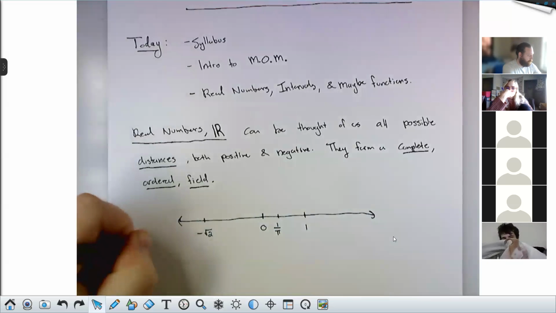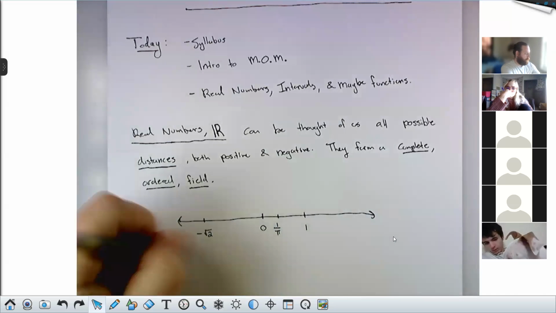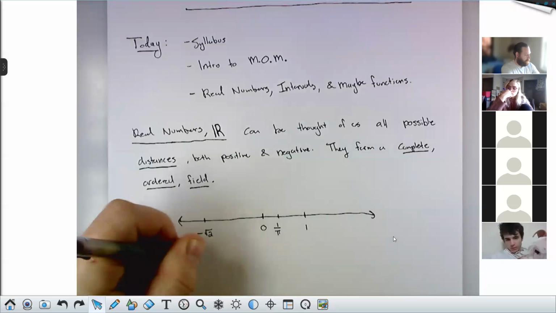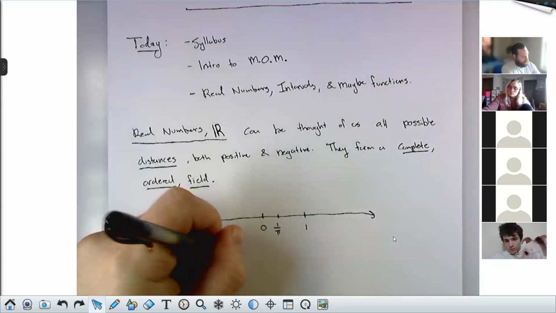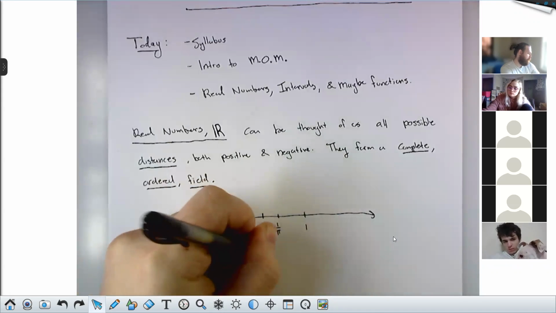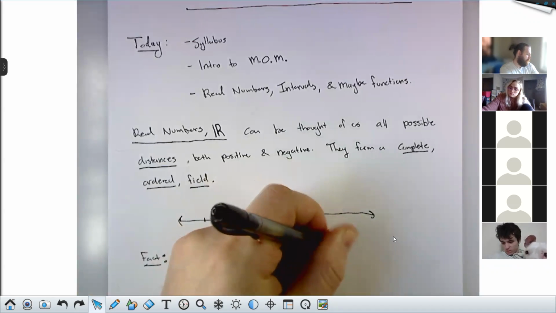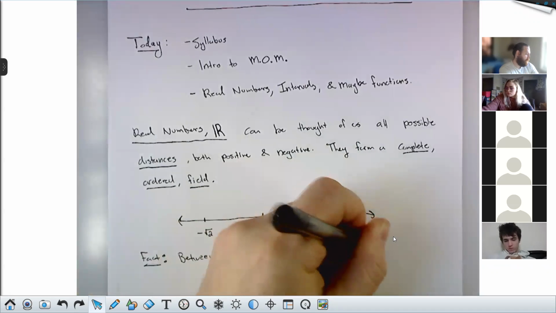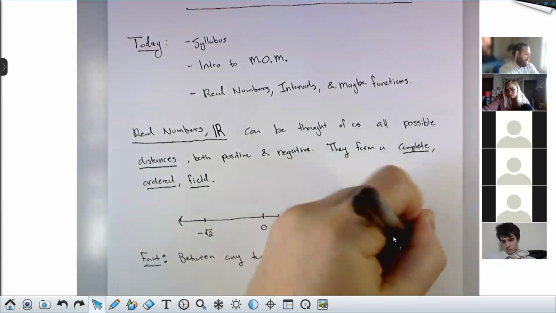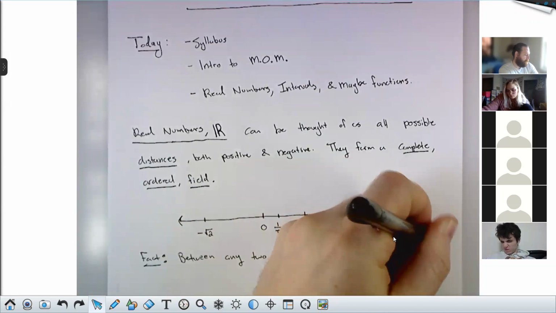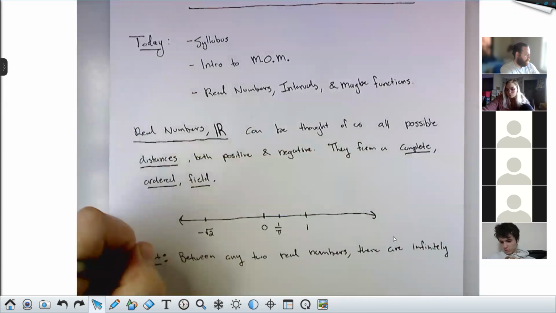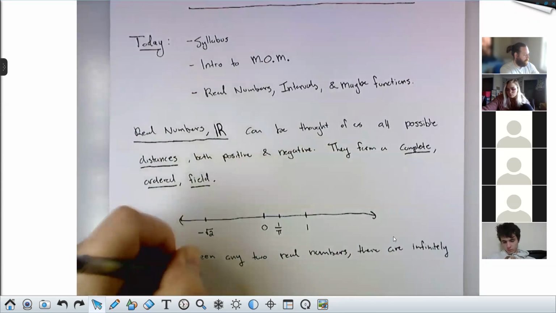And a neat fact about real numbers that I want to get out there right away is that between any two real numbers, there are infinitely many other real numbers.